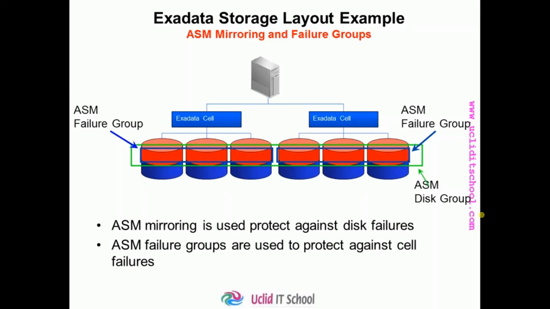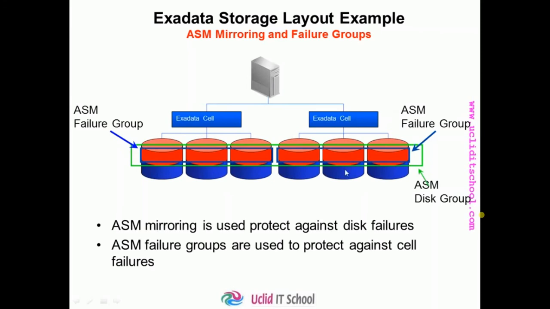So your database will not have any impact even if the entire cell has a failure. So all the grid disks coming from a particular cell will be in one failure group. Now you have two cells, right? When you create the disk group, it will have two failure groups. The grid disks coming from the first cell will be in one failure group. The grid disks coming from another cell will be in a different failure group.